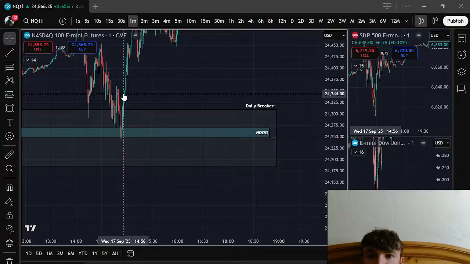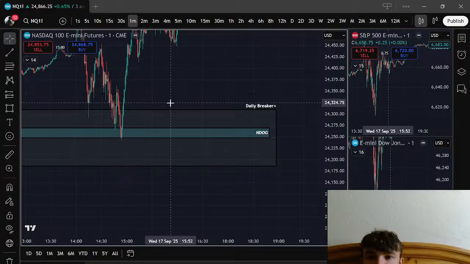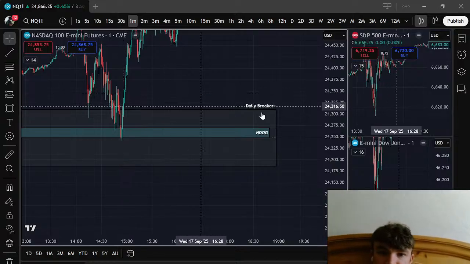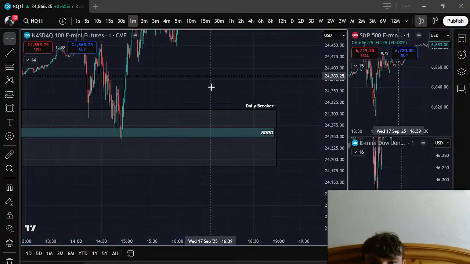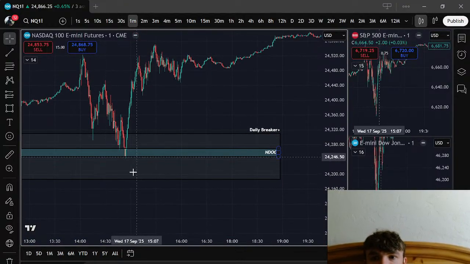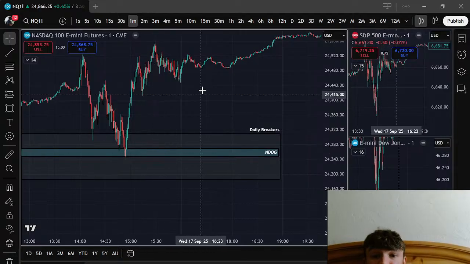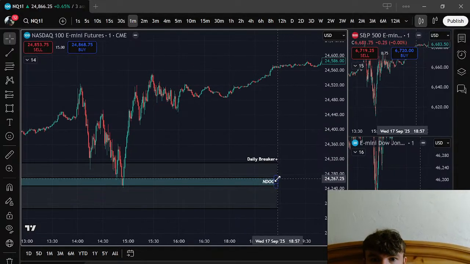Like here, the 1-minute one was better, but I've also seen that happen where the 5-minute one's pretty good too. That's kind of cool though. You see how we tap consequent encroachment of that daily breaker and also the new day opening gap.